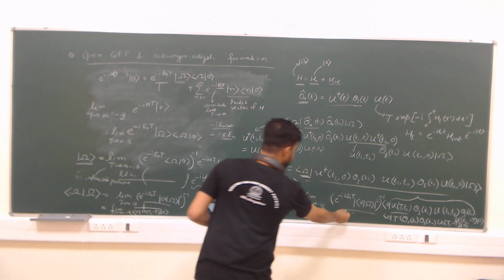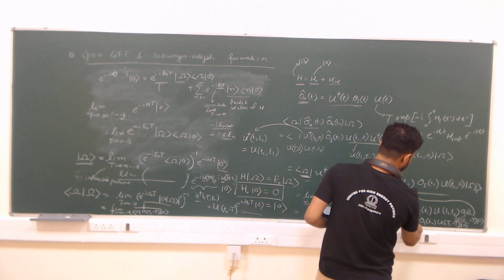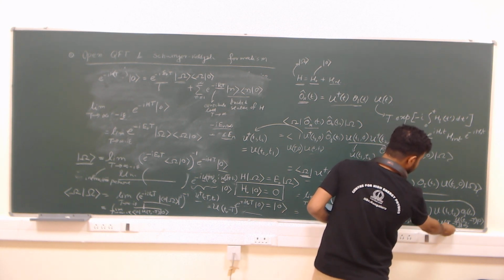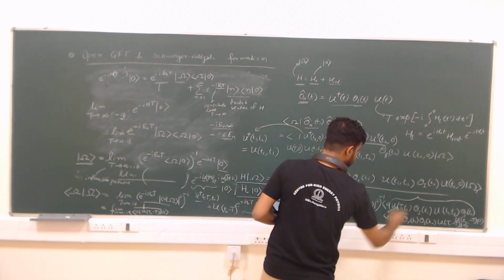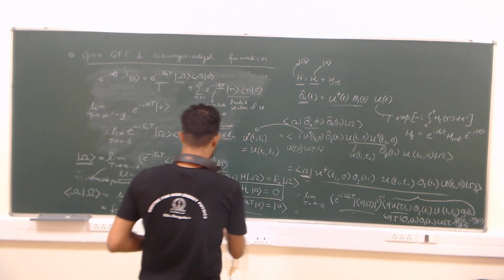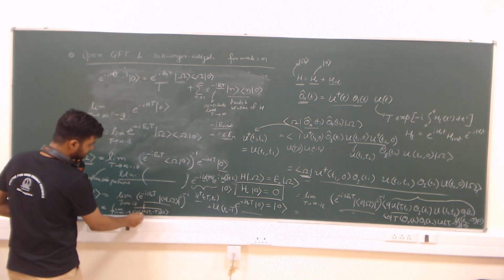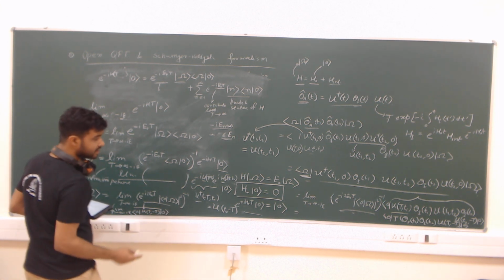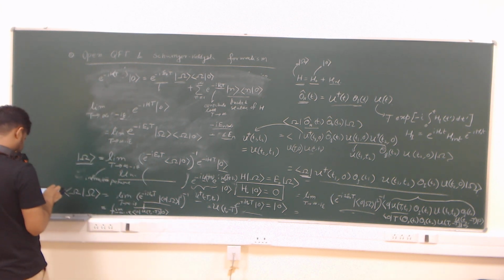I replace this part here, and the final expression will be something like time order, O_I(t1), O_I(t2), U(T, minus T), sandwiched over these free vacuum states, divided by just this thing, <0|U(T, minus T)|0>.